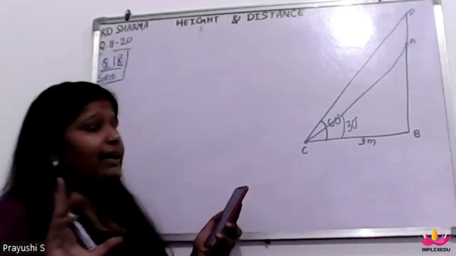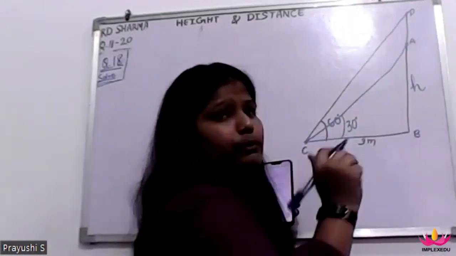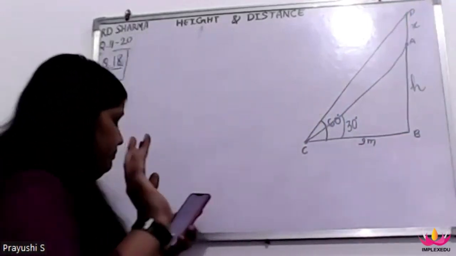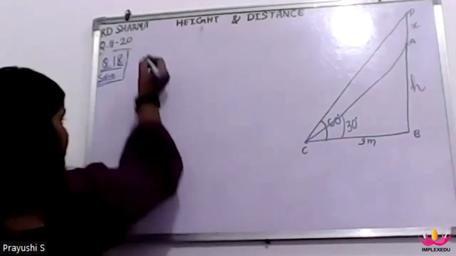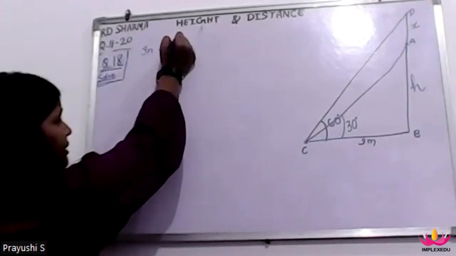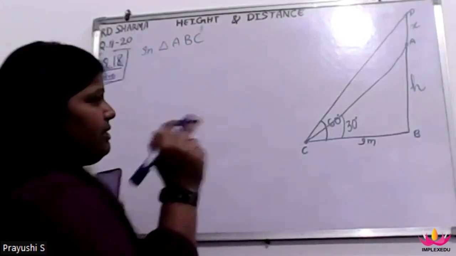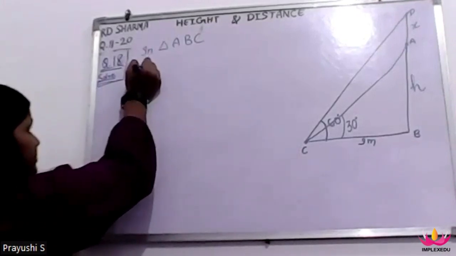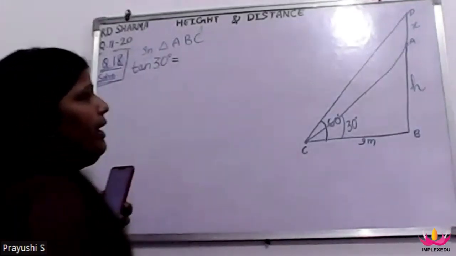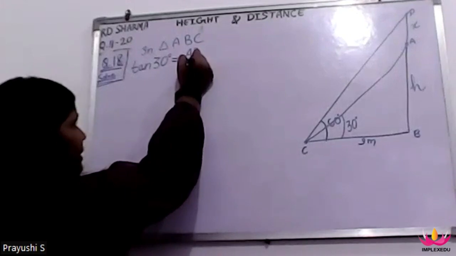So we are assuming that the height of the tower is h and the height of the flagpole is x. Now we will solve our question. First, in triangle ABC, tan 30 degrees is equal to AB upon BC.